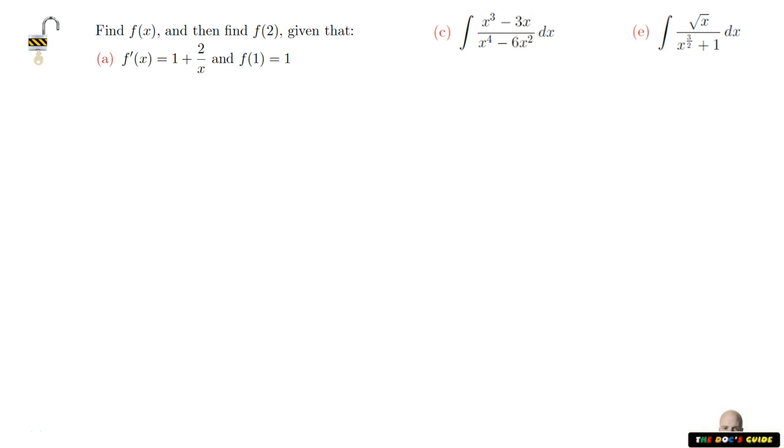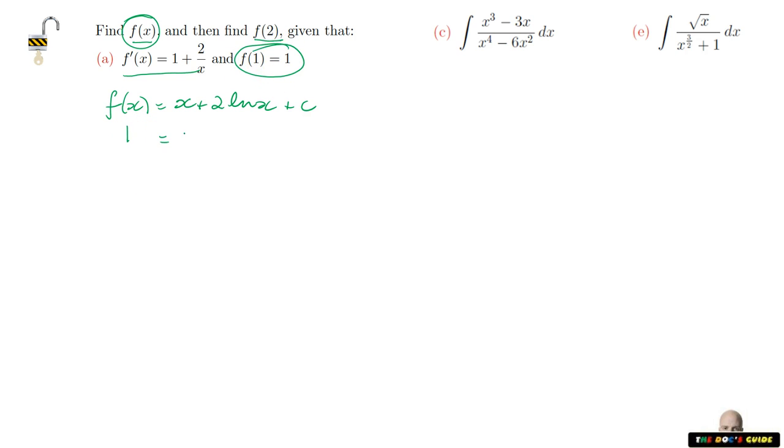So moving on, this one here: find this and then this given this. Now we should be very comfortable with this layout. So this is that if this is the first differential, then this is going to be the primitive of that. So f of x will be x plus 2 log x plus the constant, and we know that f of 1 equals 1.